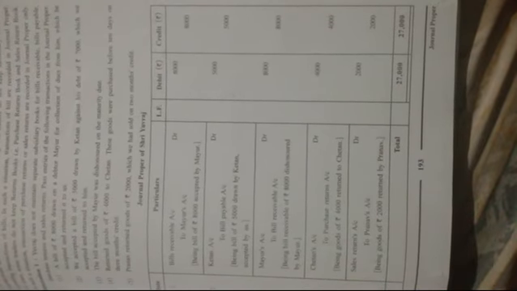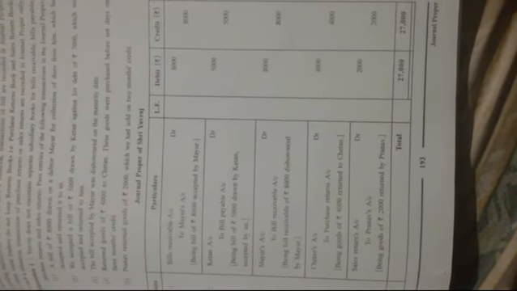When you have passed all the entries, it is compulsory to total it at the end, because if you do not total it, you will not get the full marks. Therefore, please total it at the end, and remember that debit column should always be equal to the credit column. So here total would be the 27,000 debit, 27,000 credit.